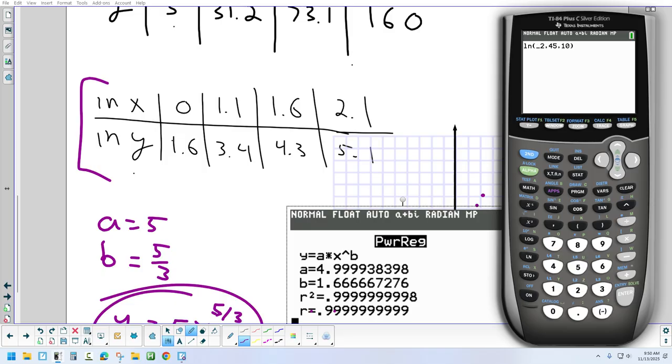Let me just see if you put it in braces. Does that work? Yep, that works. So that's how you can take the natural log of a bunch of numbers at the same time, and that's exactly what the table did. Or you can type in each number one at a time. It's just going to take a lot longer.